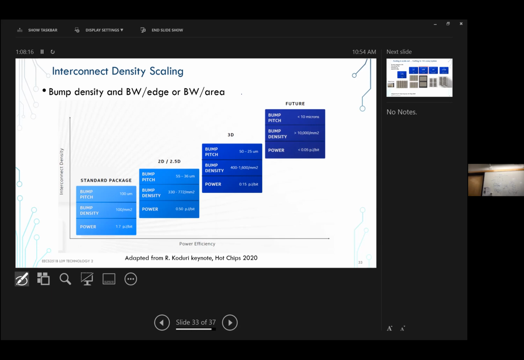And they would like to go to 3D and then an undisclosed future with sub-10 micron bump pitches, things that start looking like the top metal layers. And if you can assemble things and just keep layering these dies on top of each other, it just continues.